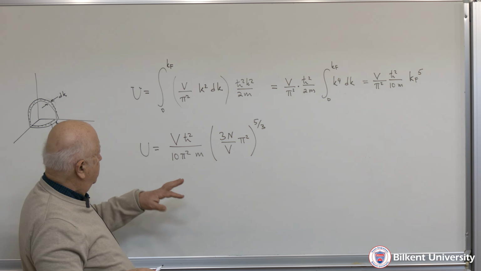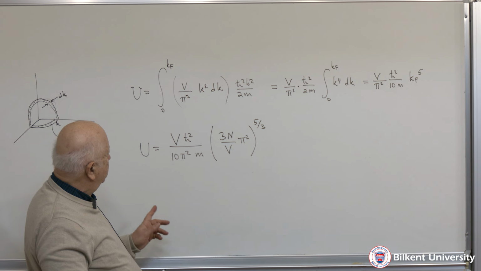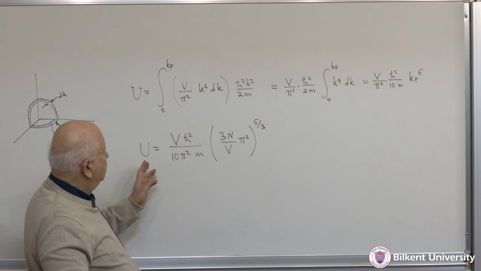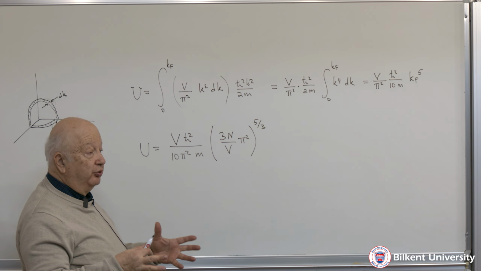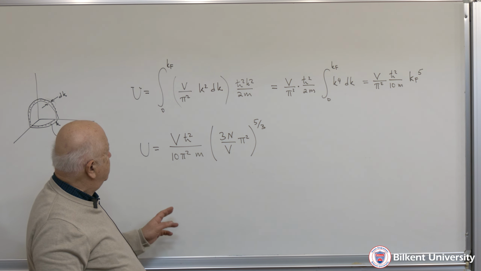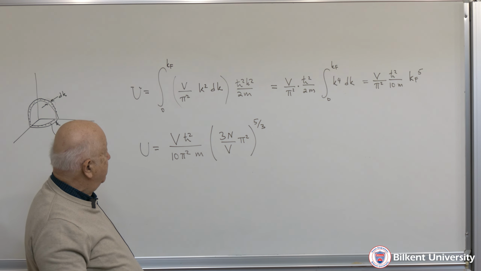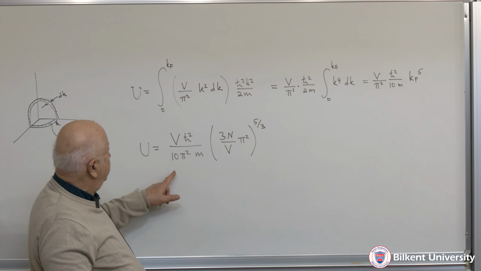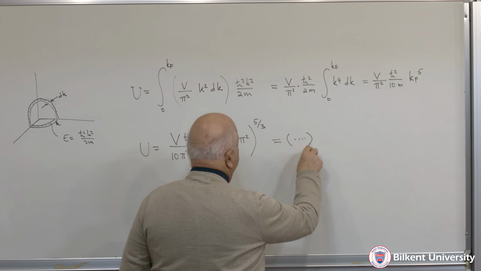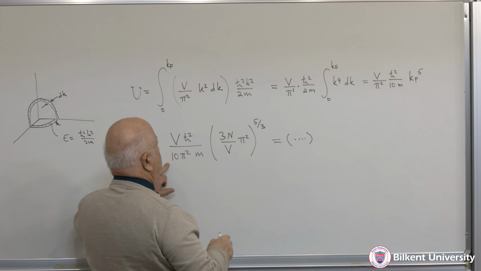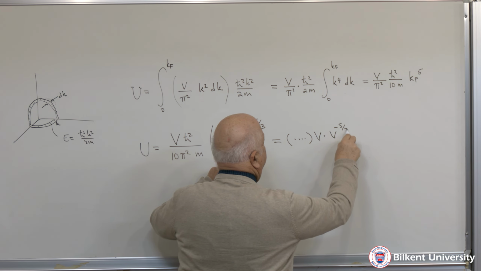Okay, so you can obviously simplify this a little bit, but you see that you no longer have a simple relationship between particle density and the internal energy. That's the total internal energy of the system. Let's look at, for example, the volume dependence, because from that we can obtain some microscopic relations. If you look at the volume dependence, this is equal to some number times V to the minus 5 over 3, right?